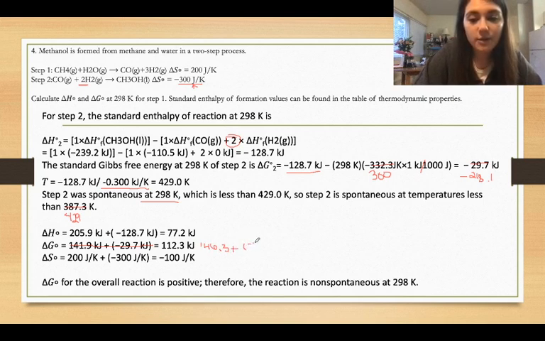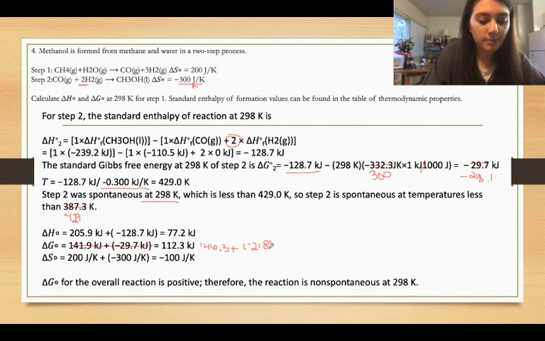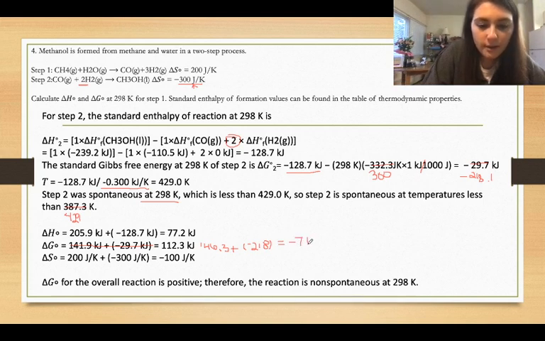My negative 218, and when I do that, I'm going to get a negative. 146.3 minus 218 equals negative 71.7-ish kilojoules.